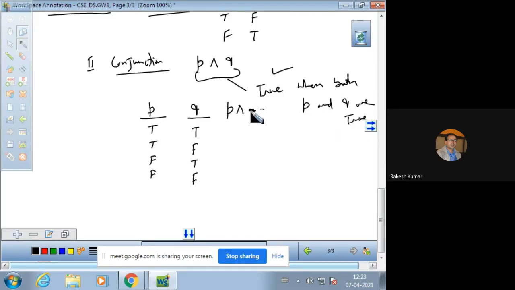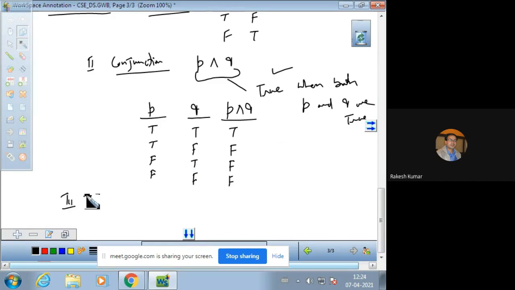So the conjunction of P and Q will give us a true value in the first case only, because in the first case both values are true, and in the second one is true and one is false, so it will be false. The third is the same, false, and in the fourth both values are false, so it will give us a false value. So this is the conjunction we have.